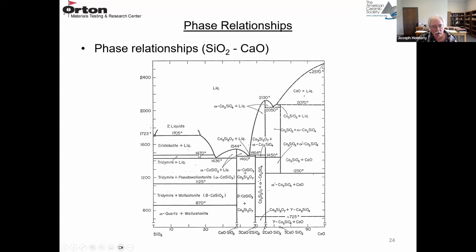And if you go a little bit higher, 1470, you're in this phase field liquid plus cristobalite. So you're over here at just a few percent lime. So you can actually use the lever rule to see how much liquid is present, but it's going to be a small amount. So the refractories are going to be fired in this temperature range here where you have a little bit of liquid present.